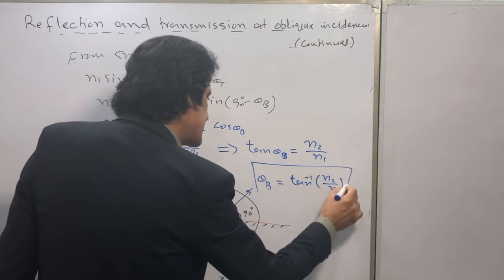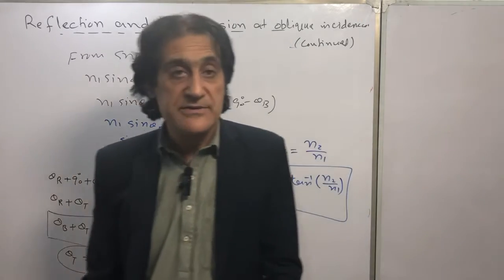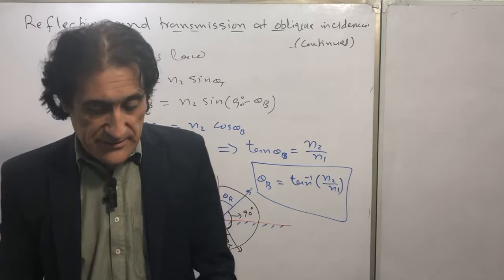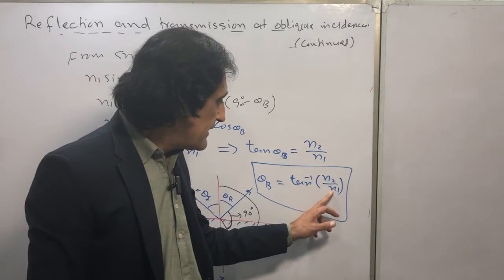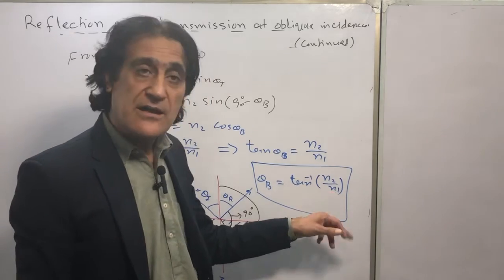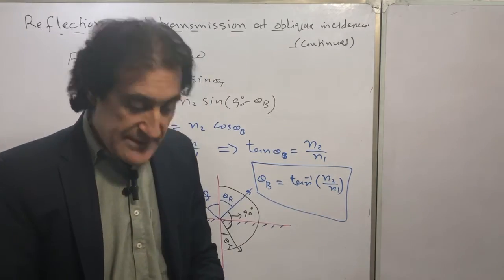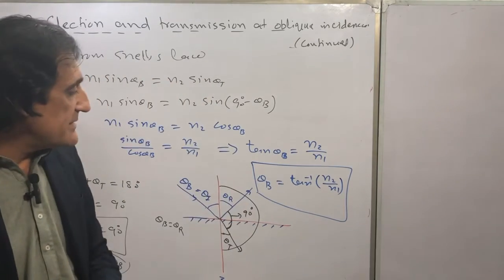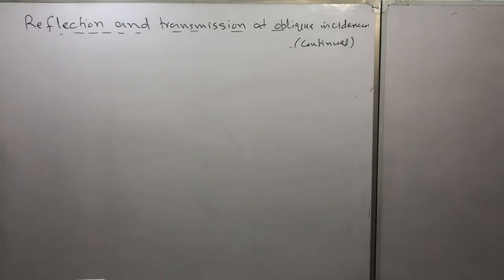So this is the relation of the Brewster angle, that one can easily calculate the Brewster angle if we have the refractive indices of the two media. Then one can find out very easily the Brewster angle.